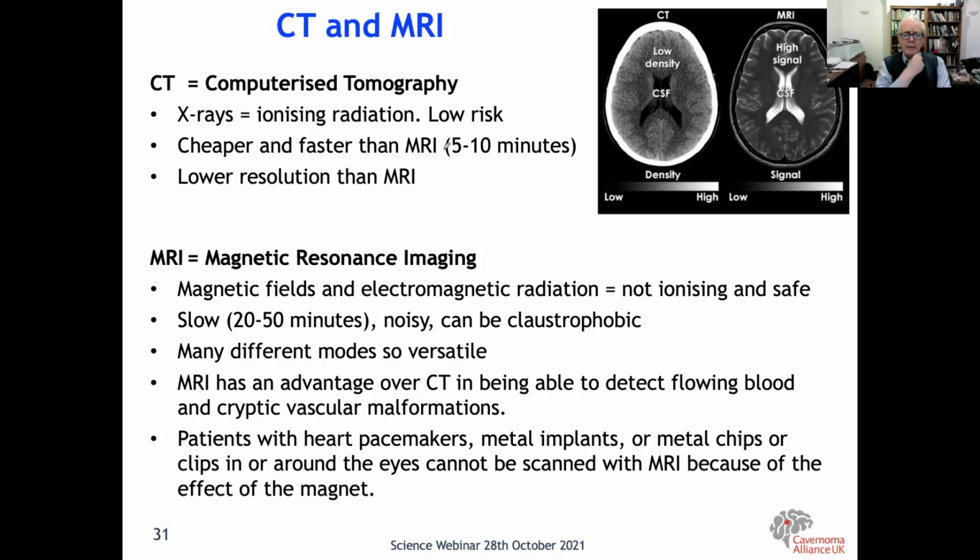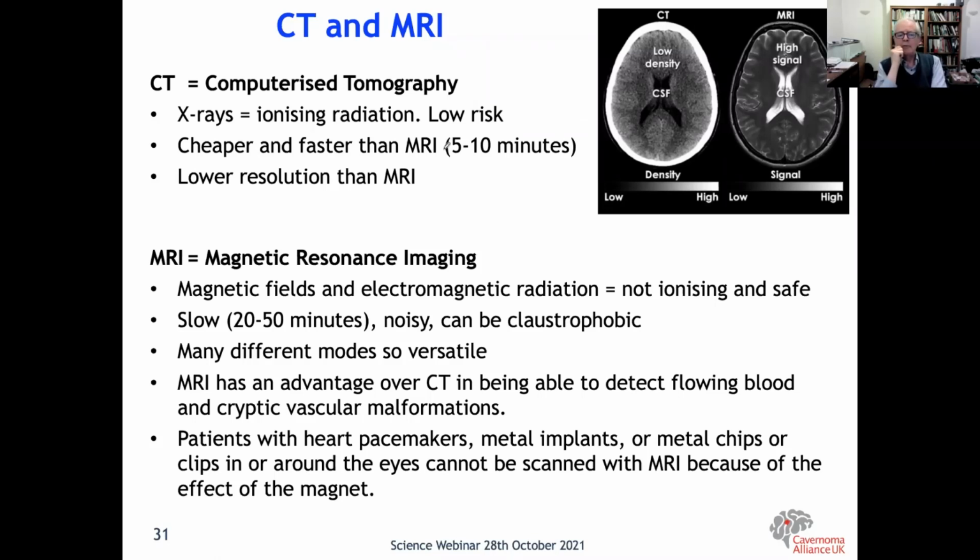On the other hand, there are many different modes. We shall talk about some of those modes, and they're very important because they will enable you to do different things and see different things about cavernoma. And it has the advantage over CT because it can detect flowing blood and cryptic hidden vascular malformations. And of course, a cavernoma is a vascular malformation.